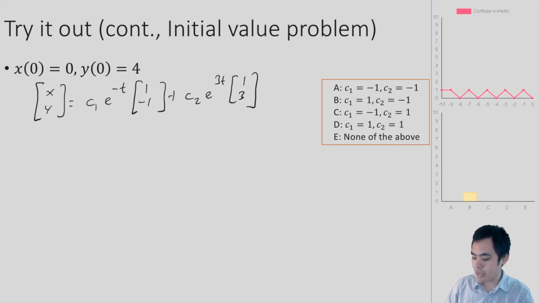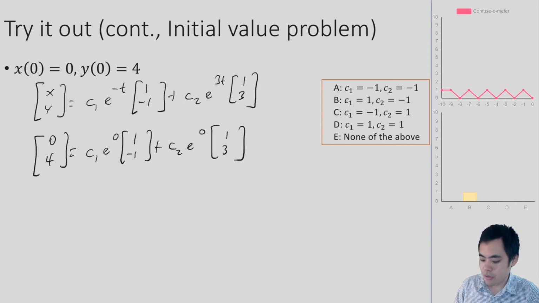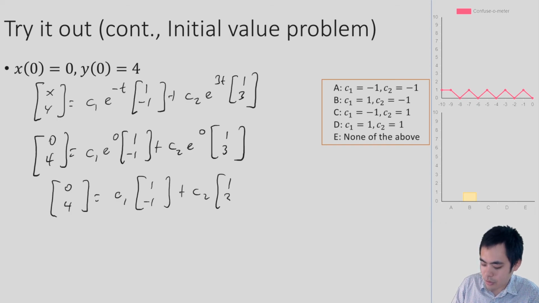So let me just give you a hint to get started. Basically, you're solving for 0, 4 is equal to c1 e to the 0, 1 minus 1, plus c2 e to the 0, 1, 3. Or alternately, 0, 4 is equal to c1 times 1 minus 1 plus c2 times 1, 3.